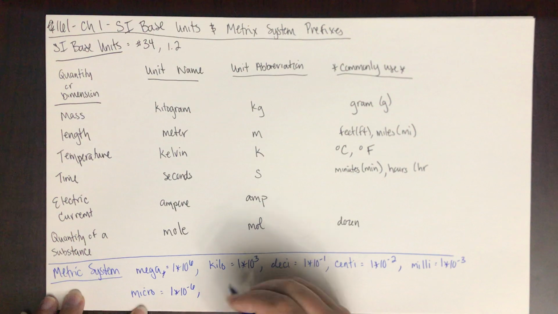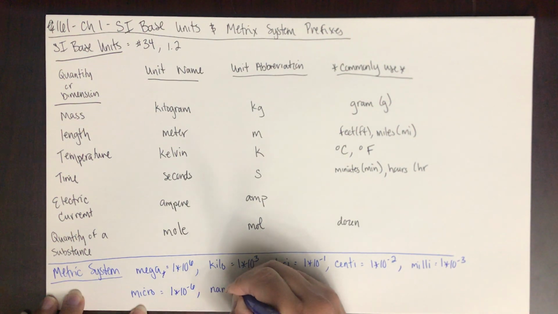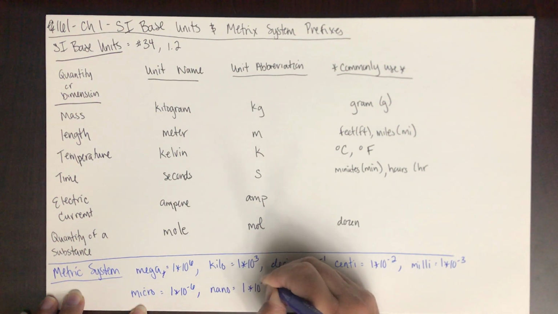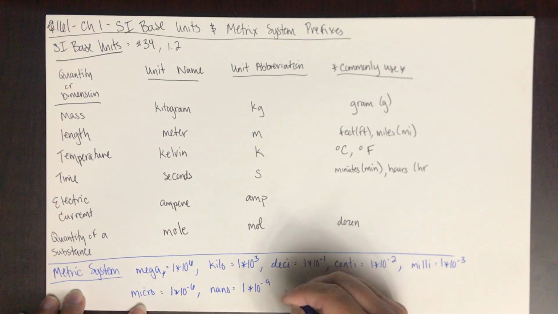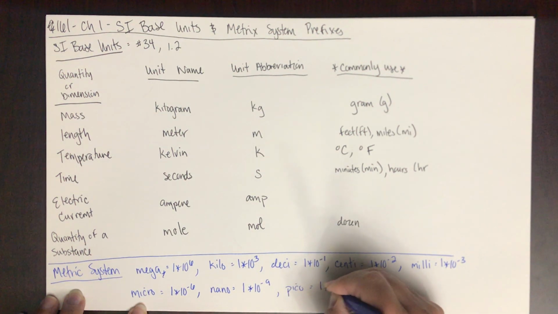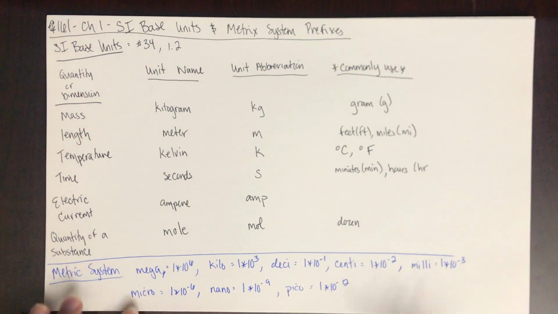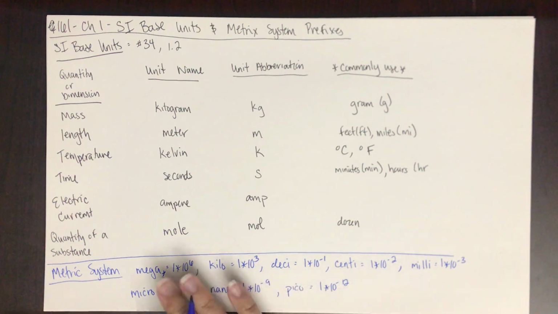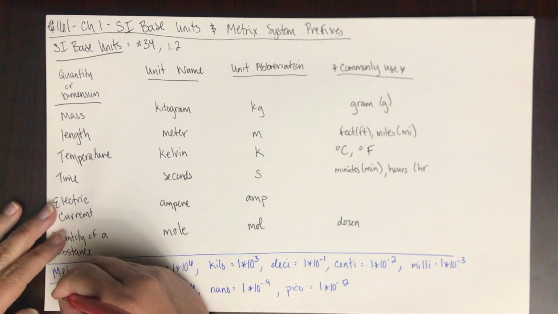And then there's nano, which is 1 times 10 to the negative 9th. And then there's pico, which is 1 times 10 to the negative 12th. So these are the ones that you are responsible for memorizing. Any other ones that I give you from this chart, I would tell you what the base unit is. So let's just say we were talking about grams.